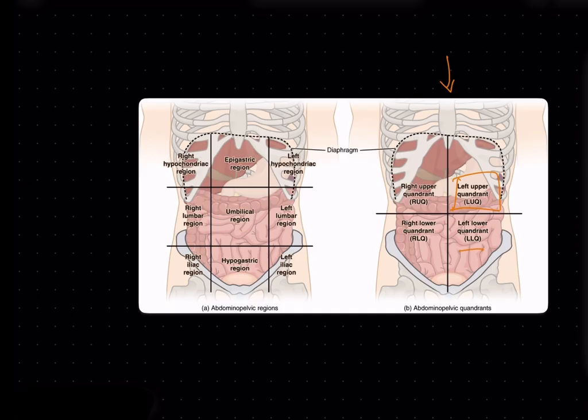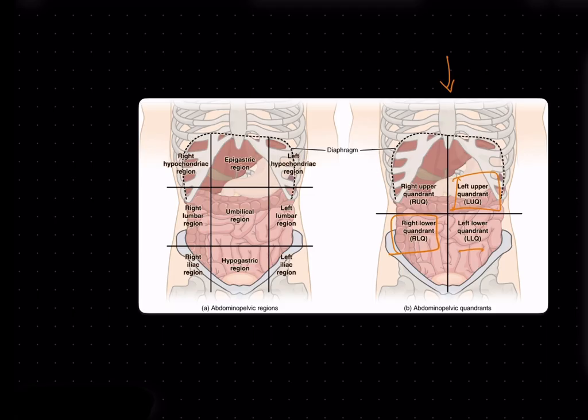The left lower quadrant includes most parts of the small intestine and the large intestine. It includes the reproductive organs, like, say, the left ovary in females. The right lower quadrant includes, say, the appendix. Again, reproductive organs are part of this, and some portions of your small intestine are also part of this right lower quadrant.